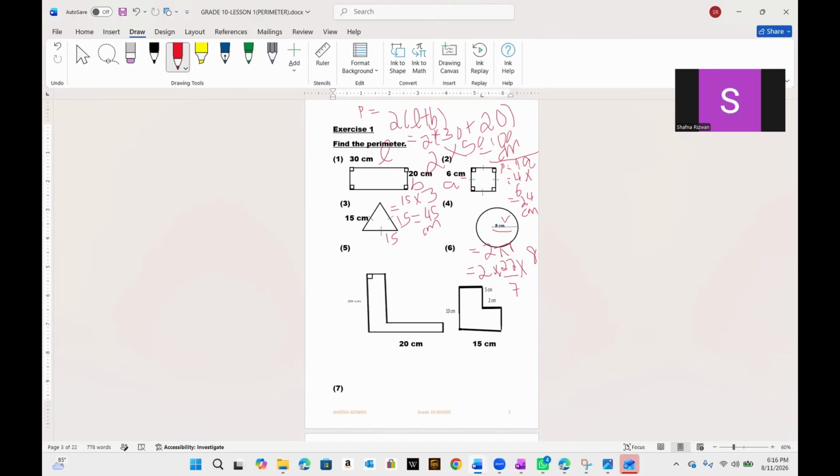So here what can you do? Can you all say, do you have anything to cancel off here? You don't have anything to cancel off. In those situations, you can multiply and take the answer by dividing.